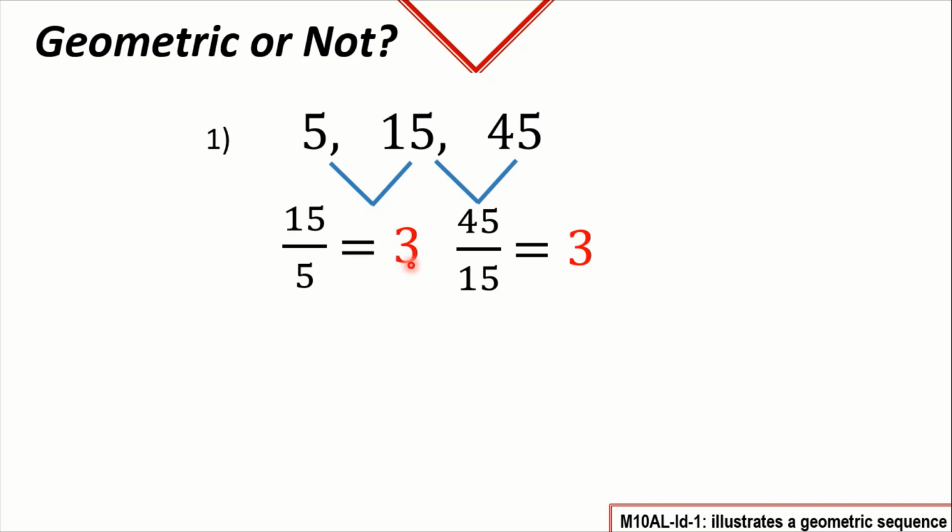And that is 3. O kaya naman, third term divided by the second term. So, we have 45 divided by 15. And that is 3. So, since ang ratio ng mga terms ay pare-pareho, then we say that 5, 15, and 45 is a geometric sequence. And the common ratio is 3.